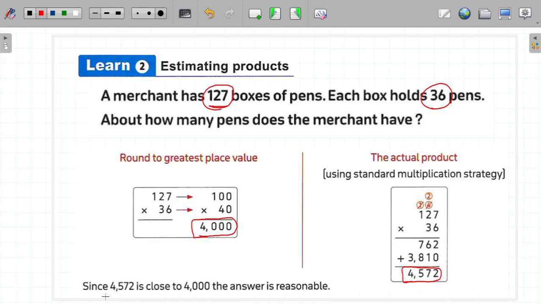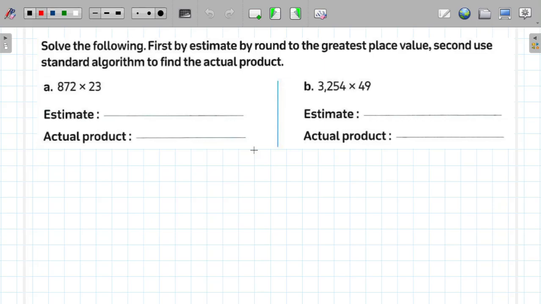So 4,572 is very close to 4,000, so the answer is reasonable. Okay, so I will compare the two numbers here and here to find if my result is reasonable or not.